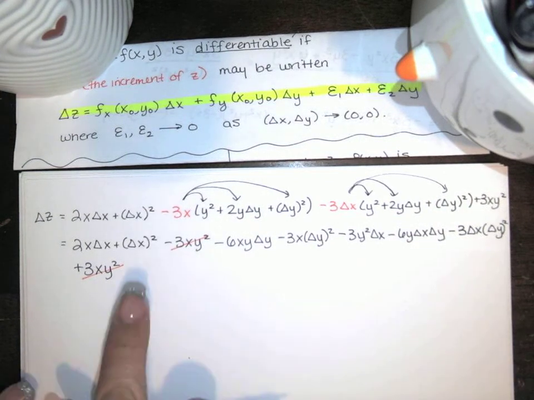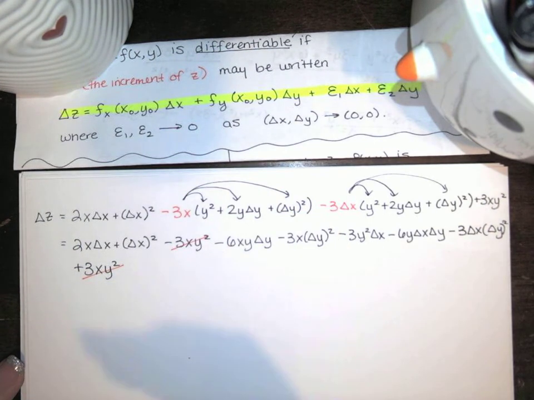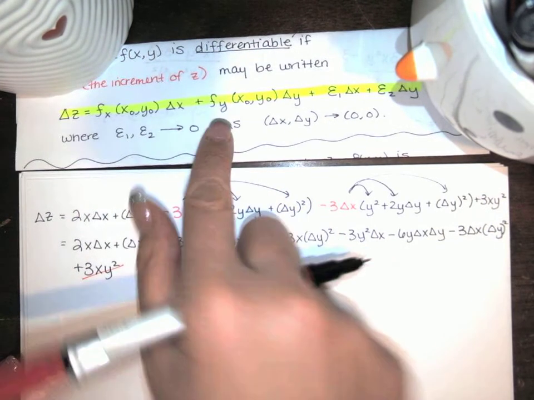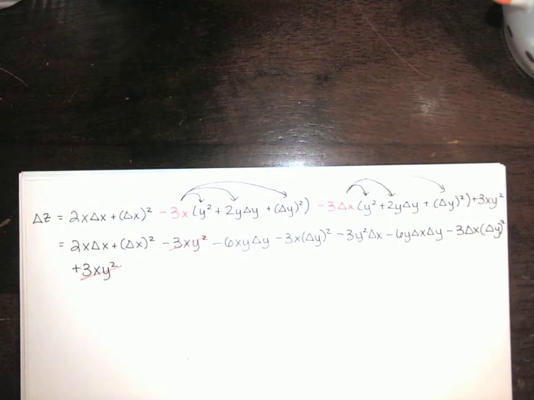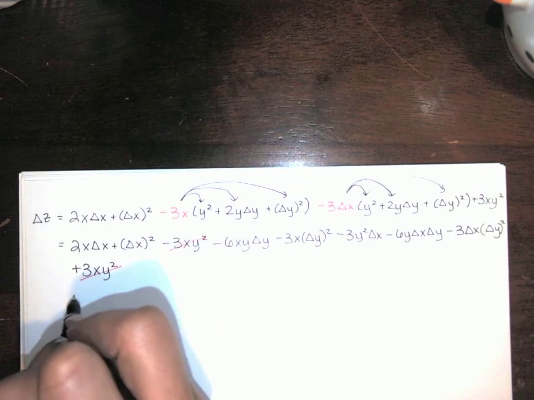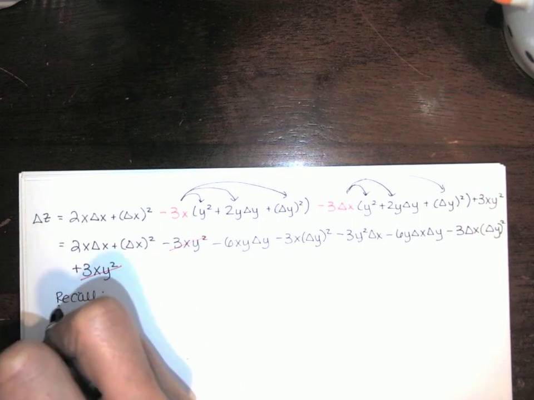Okay, so this is our expression, and we need to rewrite it like this. We also need to remember those two partial derivatives of f with respect to x and y. Recall what the partials of f with respect to x and y were.